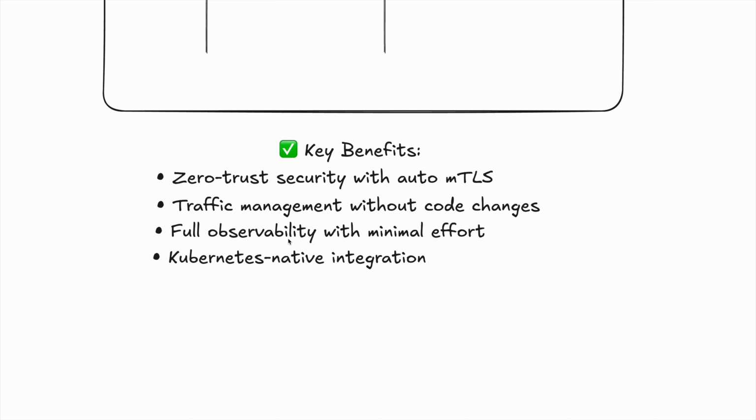We also have full observability with minimal effort. Because the logs are centralized, we have full visibility into each of our microservices without adding custom logging and without doing all those parts manually. And also we have the Kubernetes native integration.